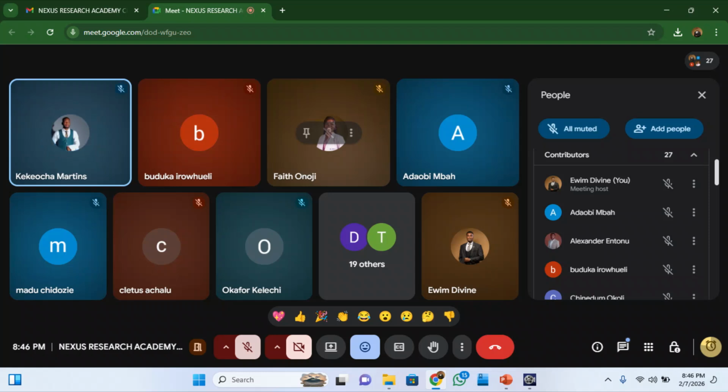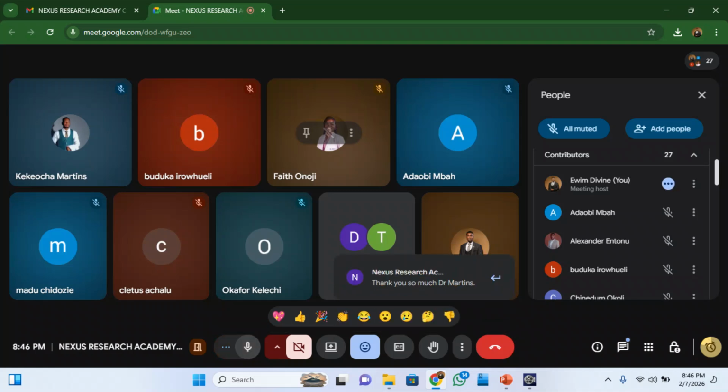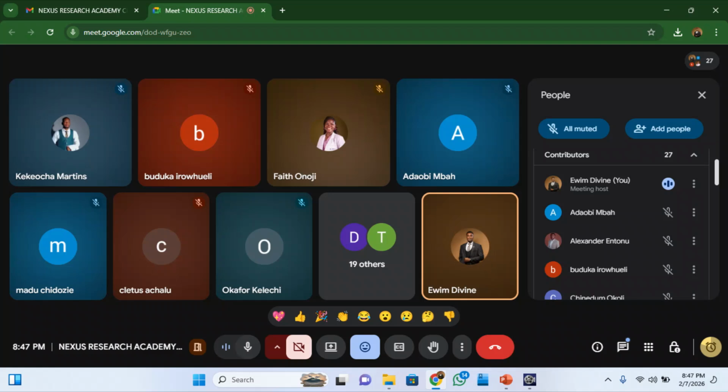You can also type in the chat box if you don't want to speak. We'll also see the messages there. Okay, seems there is no question.